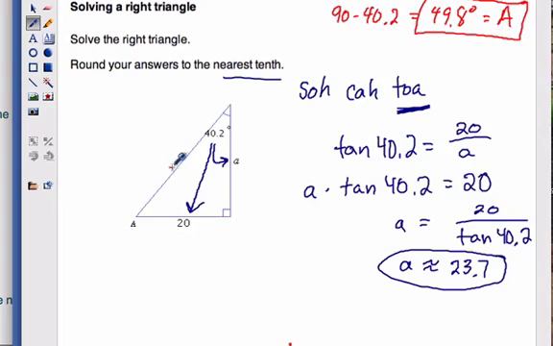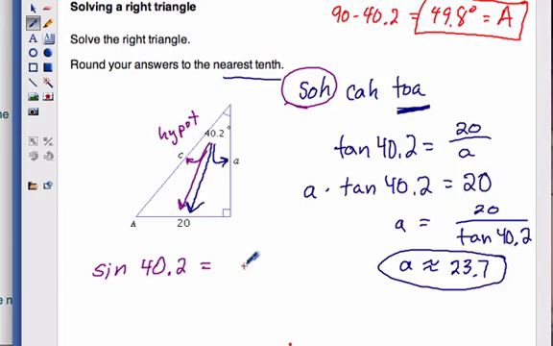Now we need to solve for C. And so C is the hypotenuse. And so the hypotenuse and the side we were originally given, which is the opposite side. So opposite and hypotenuse, that is going to be sine. So we're going to take the sine of our angle, 40.2.